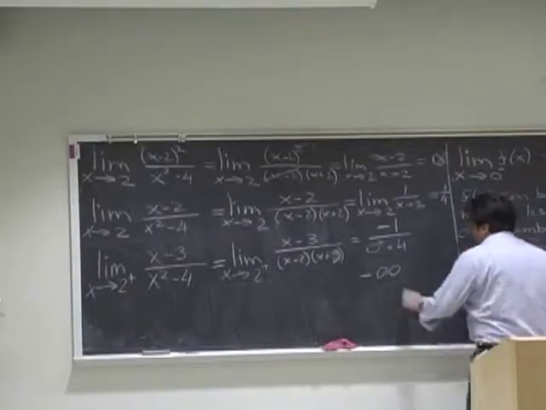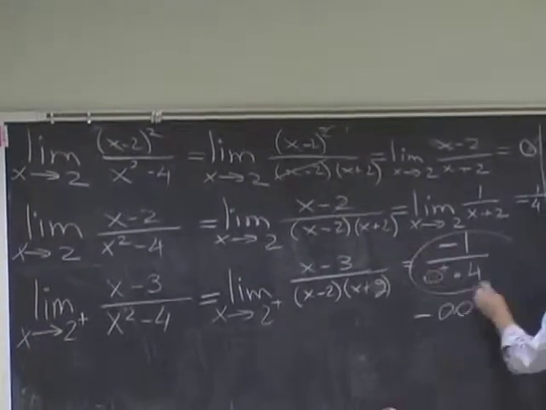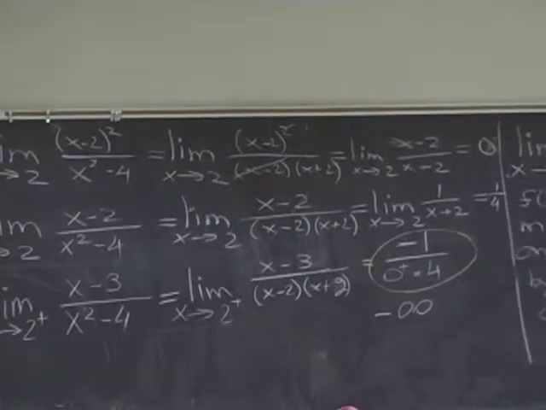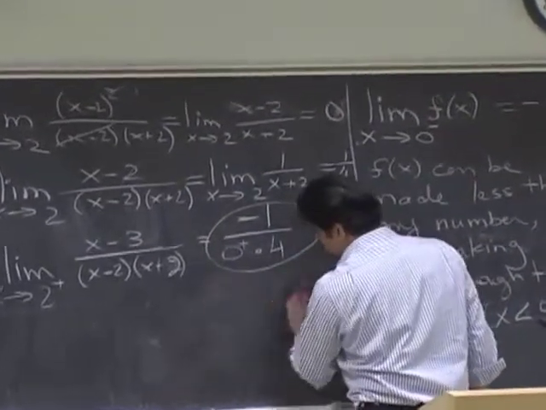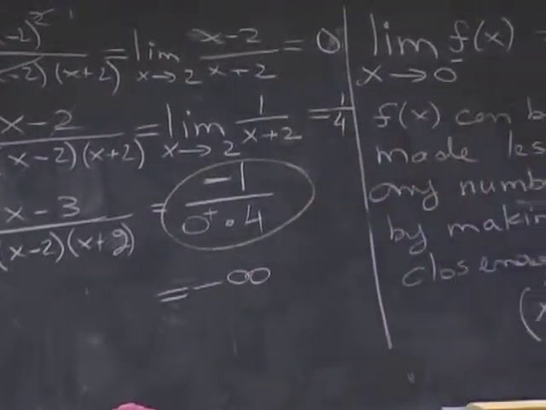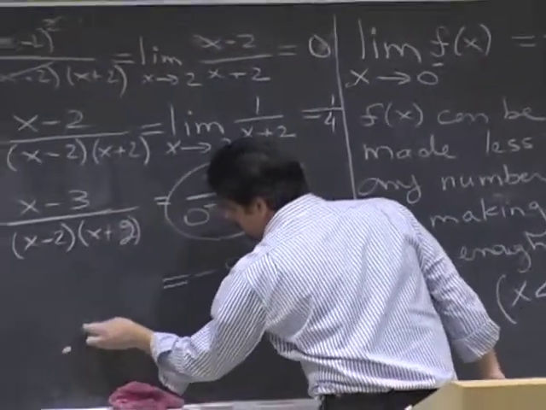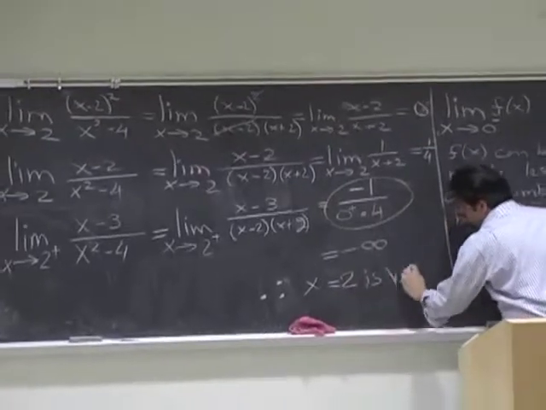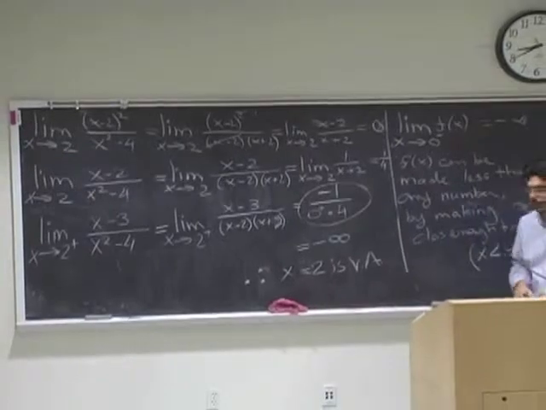Technically, we shouldn't write this, but it's a good demonstration of why the limit is negative infinity. There we go. All right. So therefore, x equals 2 is a vertical asymptote for that function x minus 3 over x squared minus 4.